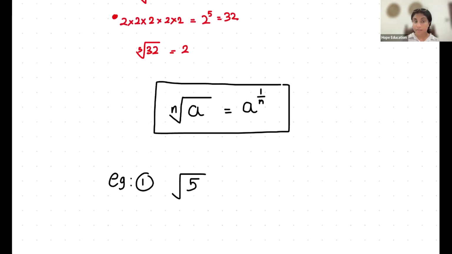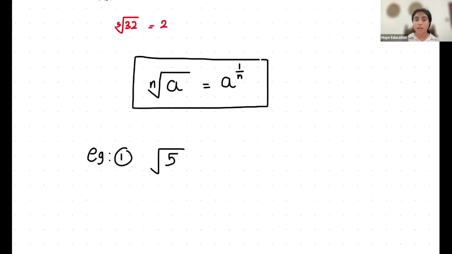Very important. When I say square root of 5, now tell me, what is the number that comes here? Square root of 5 means what is the number that comes here? Okay, Aiza. Others? Okay, Metna.